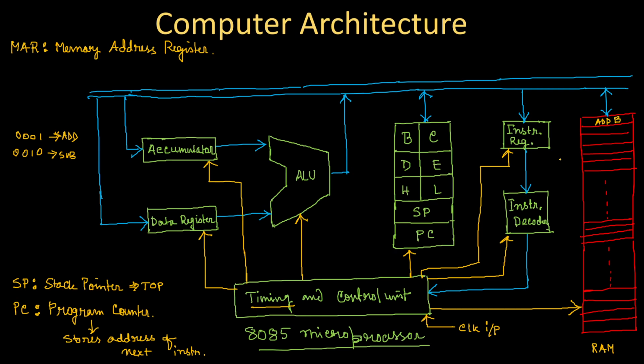And after executing the instruction, the result may need to be stored in some memory location. It is not always true that after executing some operation in the ALU, the result will always get stored in the accumulator or other registers. It may be stored outside the processing unit, that is in the RAM.